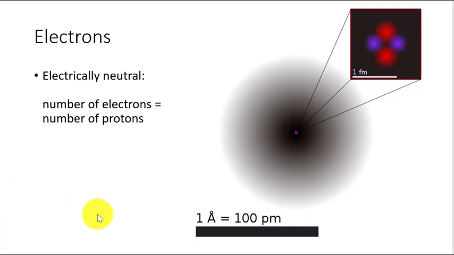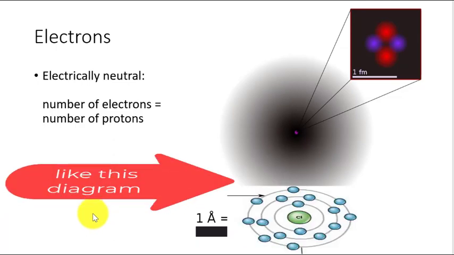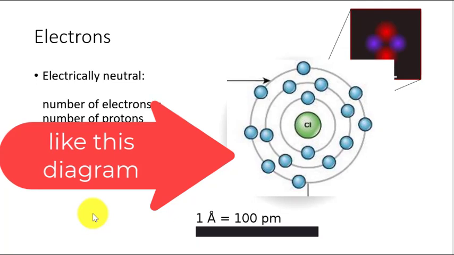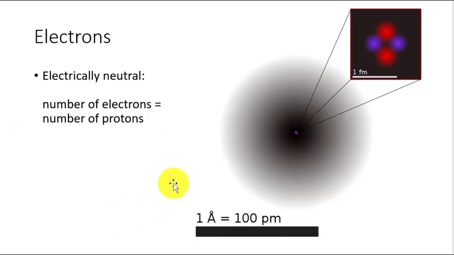So we'll sometimes show atoms with electrons moving in distinct orbital spheres. That's a simplistic diagram that helps to represent the behavior of electrons, but electrons are really just orbiting around the nucleus in a random fashion.